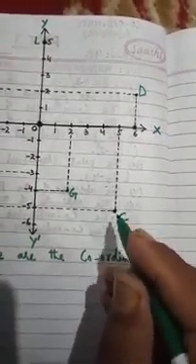Coordinates of point C, that means abscissa and ordinate. First we will find abscissa. Abscissa always lies on the x-axis.